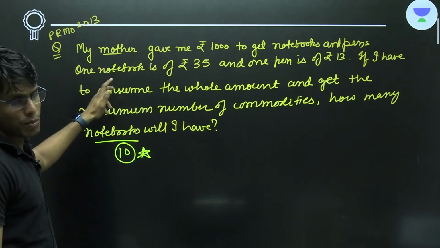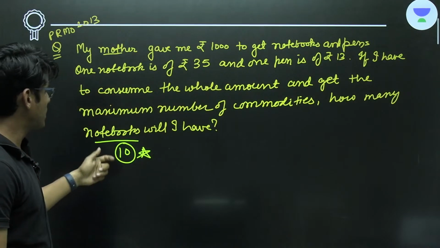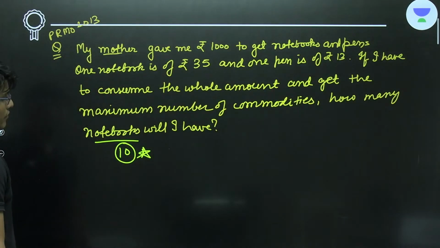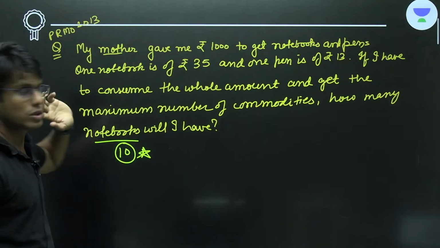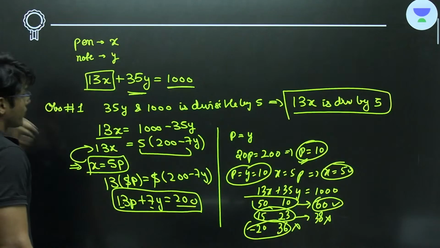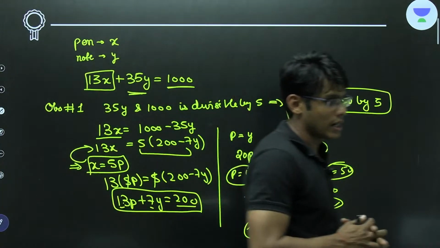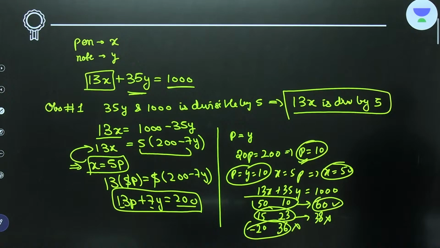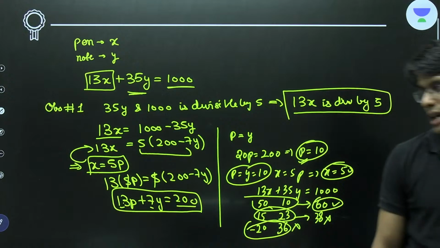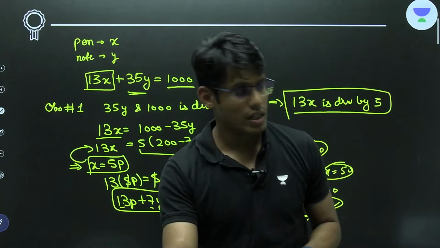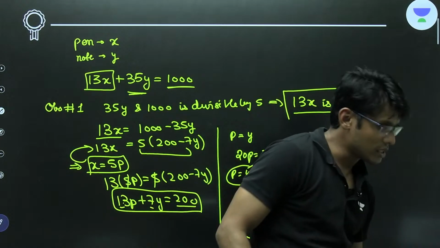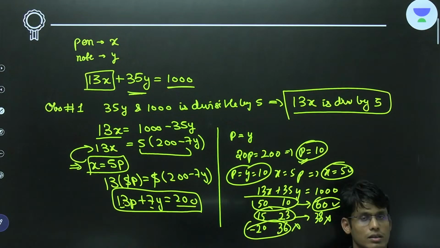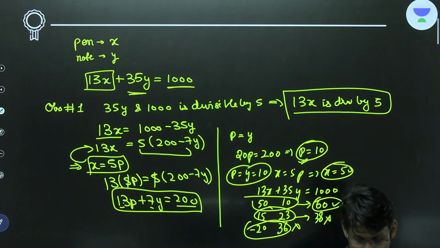To maximize the number of commodities, I have to maximize the number of pens. And that is why my notebooks get minimized and I will have 10 notebooks. Right? So you can write the solution, guys. This is a practical application of indeterminate equations.